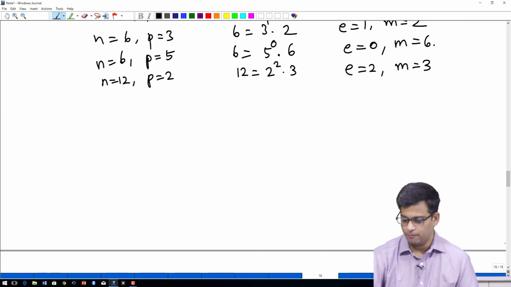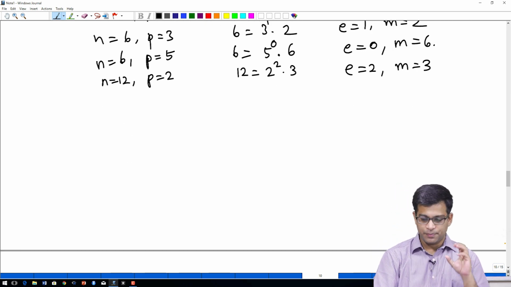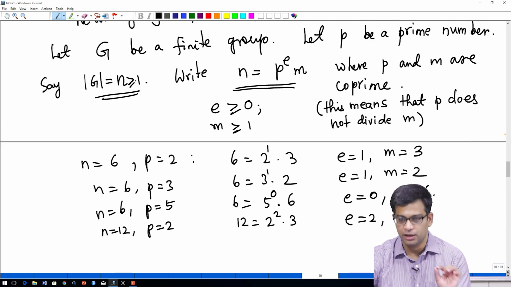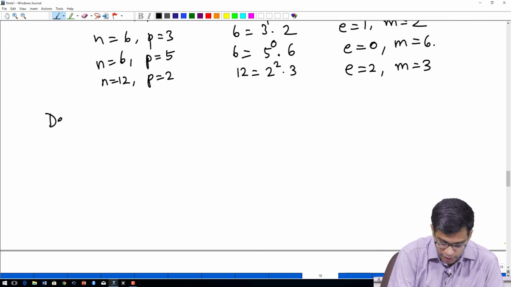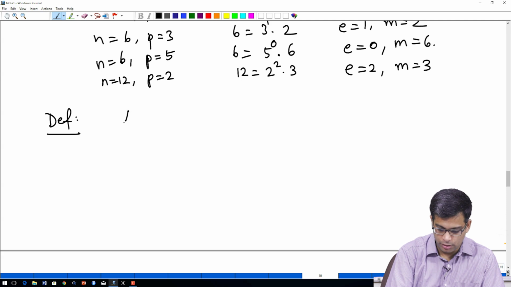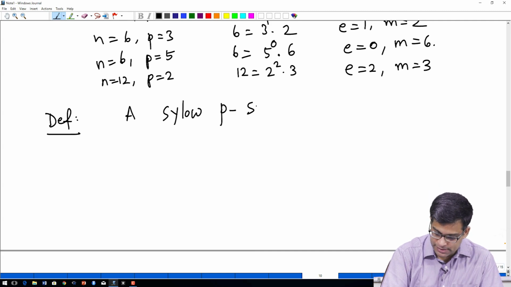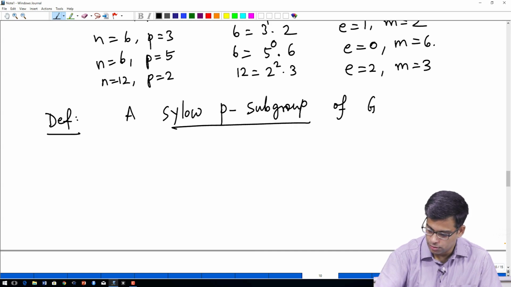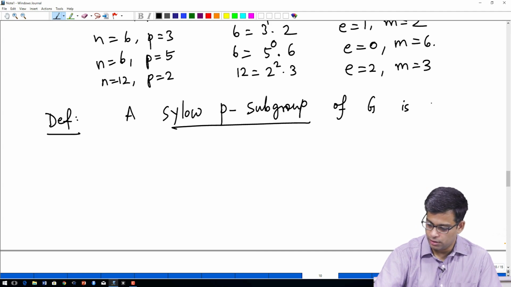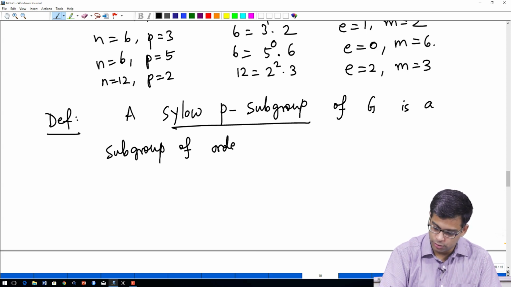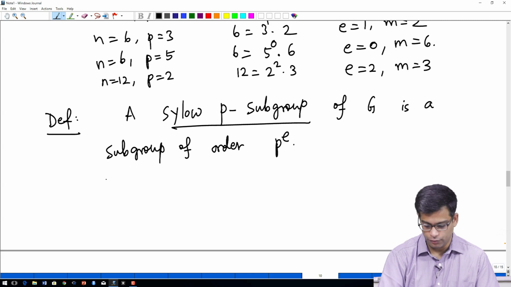Now, Sylow theorems are really statements about special subgroups of a group G, and these subgroups are described by the prime p. So the important definition for us is this: G is a finite group as above, and a Sylow p subgroup of G is a subgroup of order p power e.